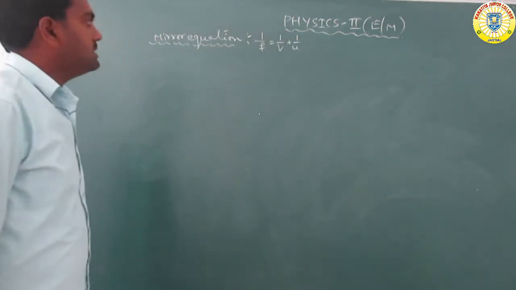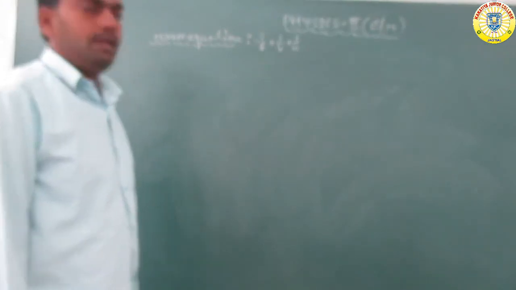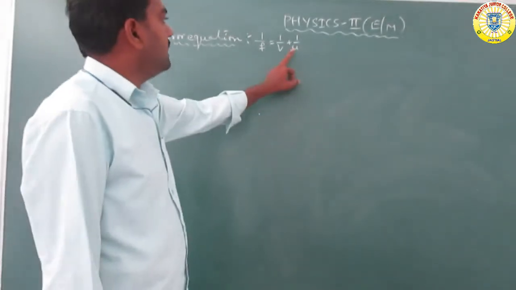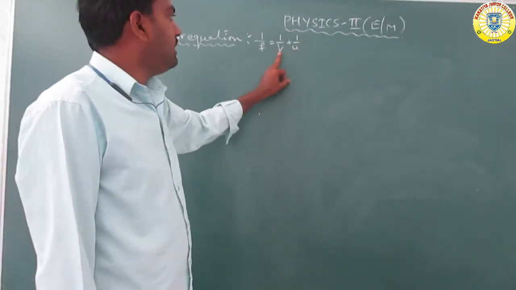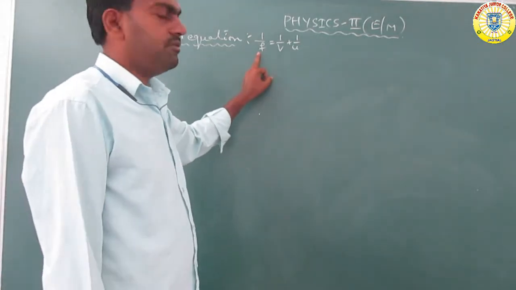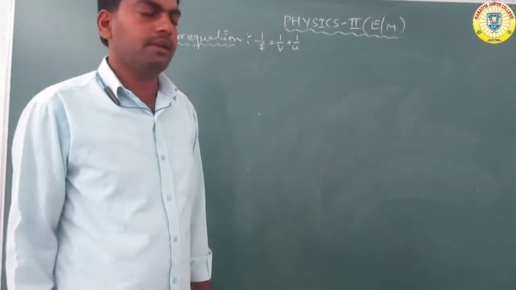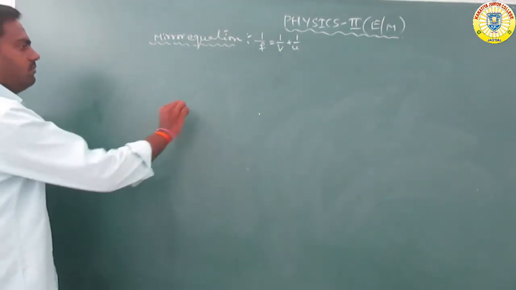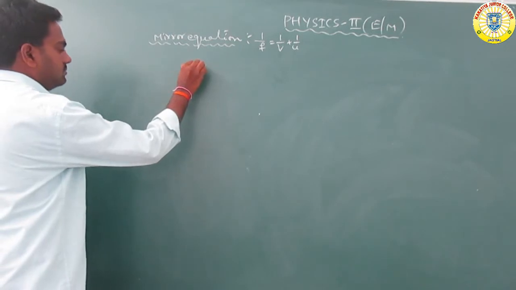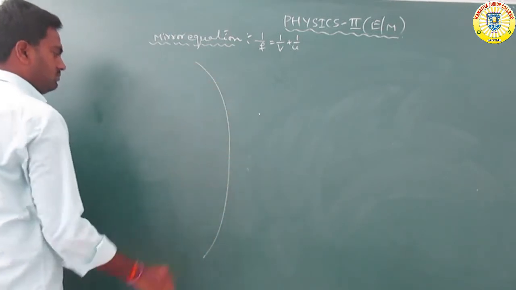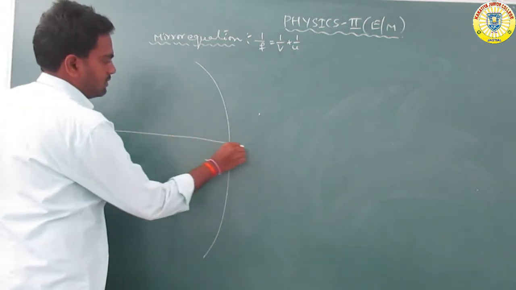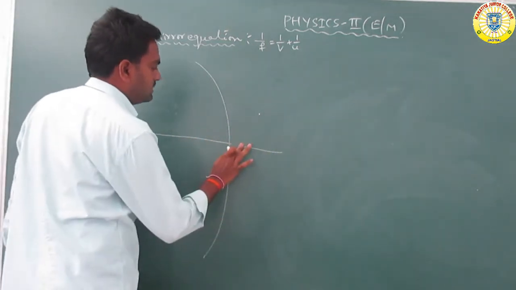Here f is the focal length, v is the image distance, and u is the object distance. This is the principal axis.